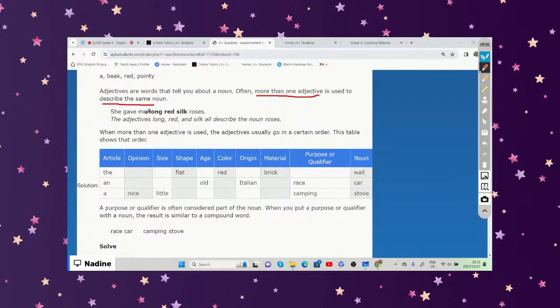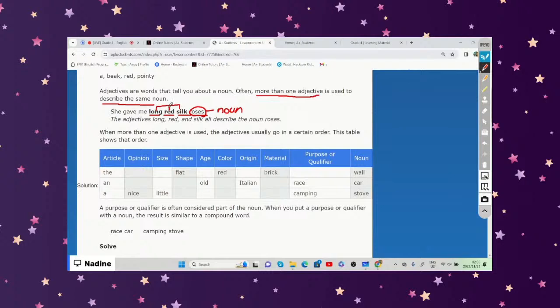An example of this is: she gave me long red silk roses, which means that she is describing the roses. The roses is the noun, and she's describing those roses as long, red, and silk.